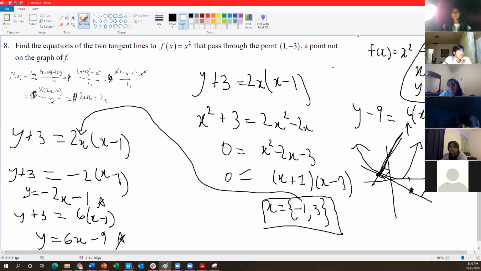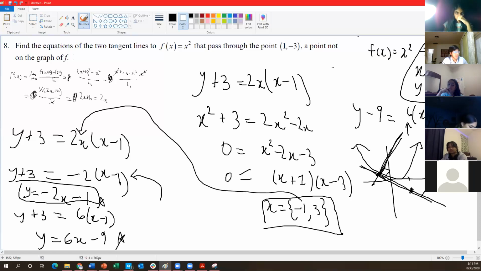So when you're solving for the normal line, say for this equation, y equals 6x minus 9, which would be this point right here. Actually, let's do the other one so I can draw it out. We'll finish up in 10 minutes. Okay, let's look at this one, y equals negative 2x minus 1. The normal line for this one, you need to go back to the point slope formula.